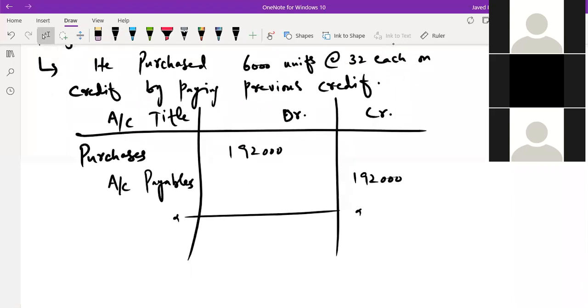The other part of the transaction also says by paying previous credit.